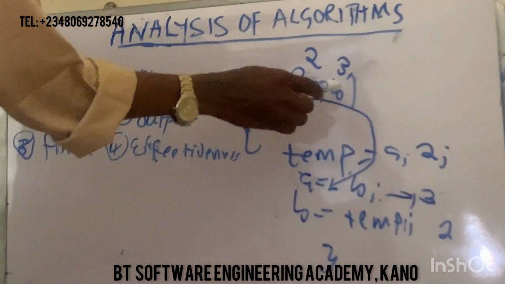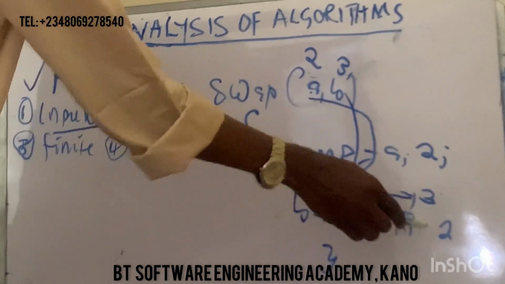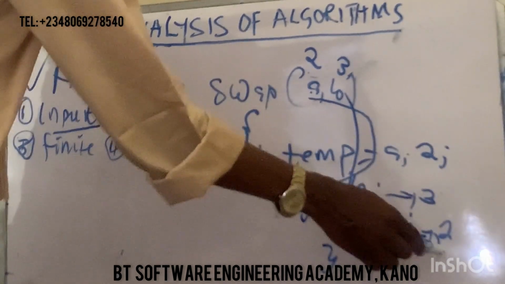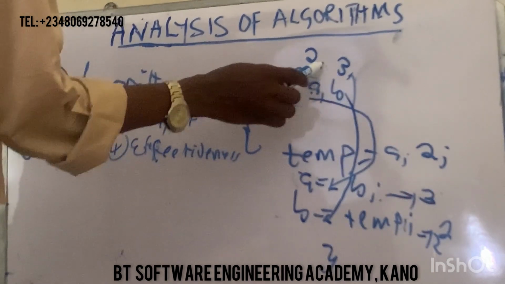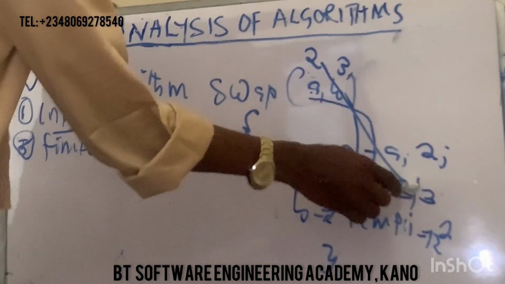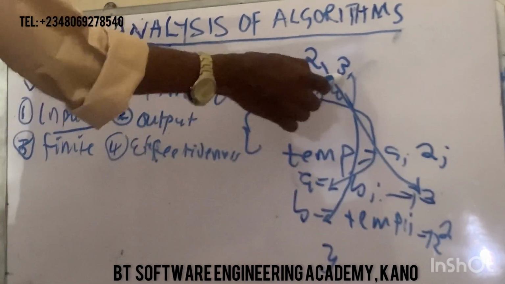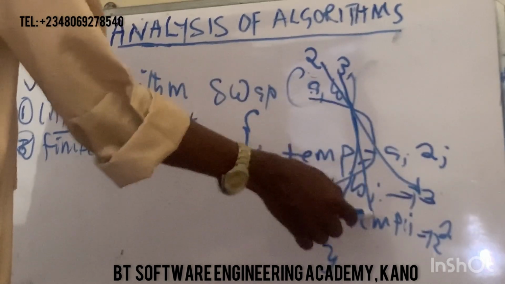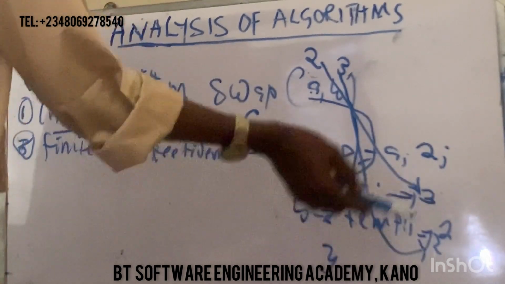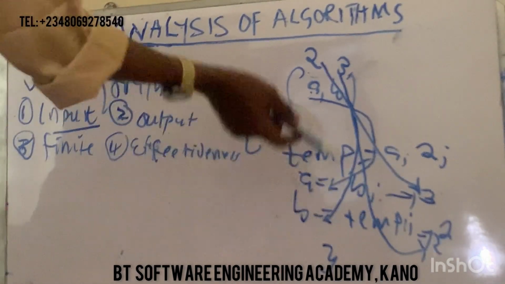Then B now changed to 2. So the value of A has changed to 3 and B is 2, and the end result is that I get the swapped values.